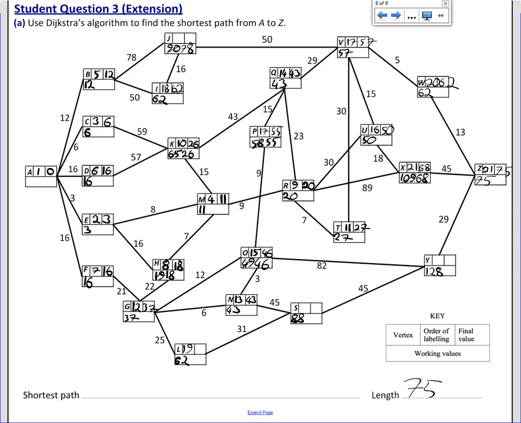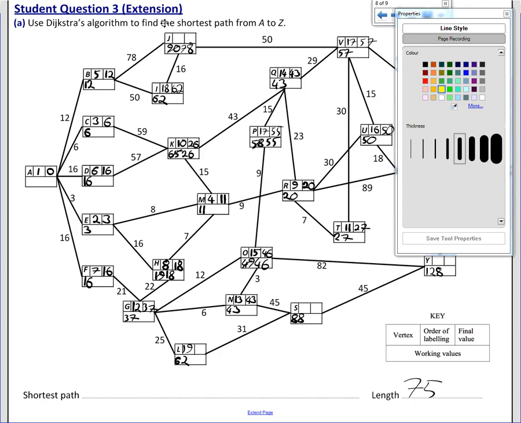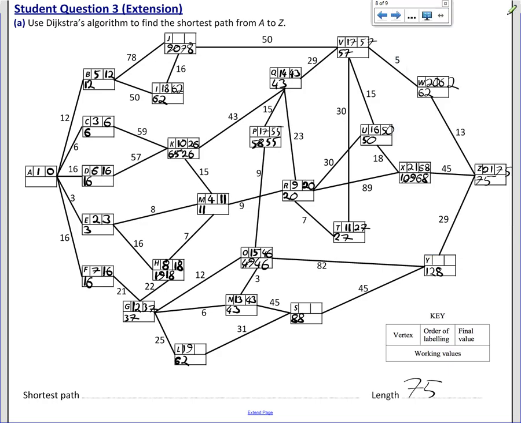But now what I'm going to do is backtrace through the network, and we can work out what our actual path was. Now clearly, when we start here, we can't have gone through the Y because that's not even been filled in. 75 minus the 45 does not equal 68, so we must have gone this way, which in turn means we must have gone that way. Now 57 minus 15 doesn't equal the 50. 57 minus 30 though does equal the 27, so we must have gone that way.